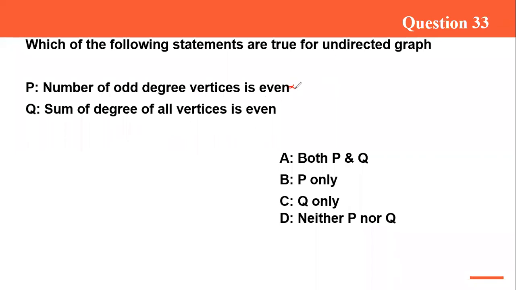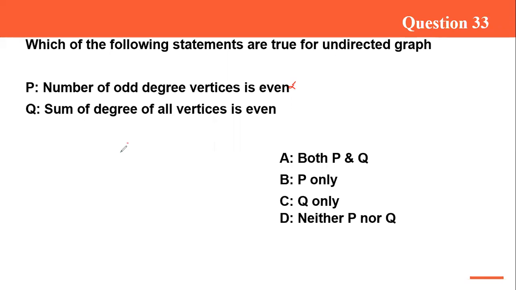Tree or graph, anything is fine. Every tree is a graph, right? That's why I considered only a tree. If I consider the statement like this, then P is wrong.